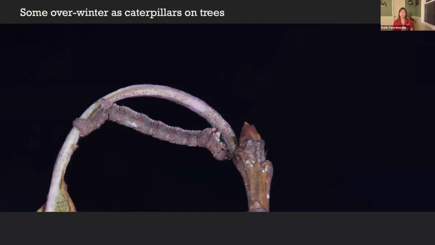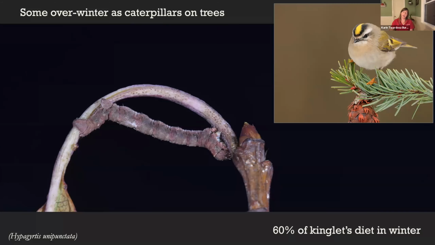So some of these caterpillars will actually overwinter on trees, just freezing and thawing. That's what these guys do. And they actually are about 60% of a kinglet's diet in winter. So these are providing really important food resources, but they're also not very safe in that overwintering location, perhaps.